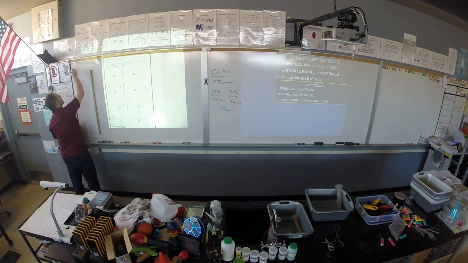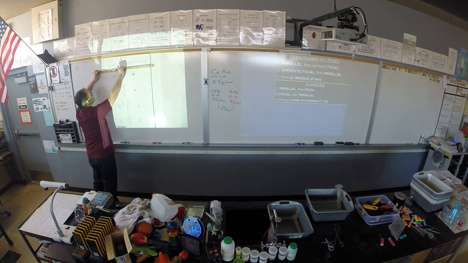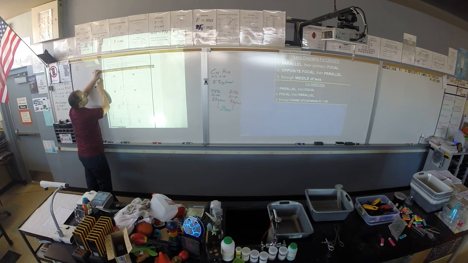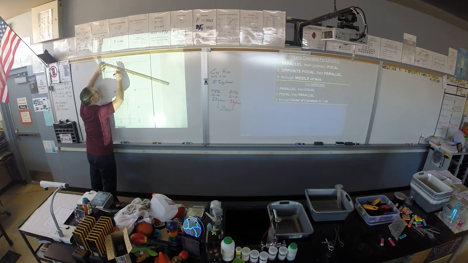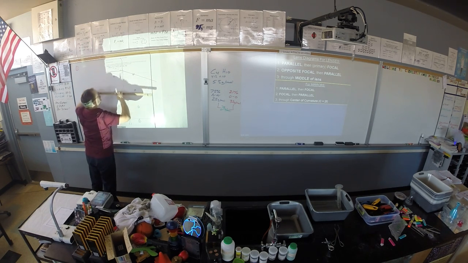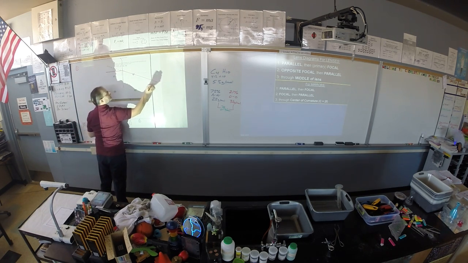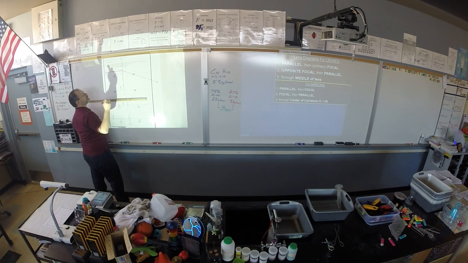Red will be my first ray. So your first ray is still parallel, focal. Line up your rays, go parallel to the principal axis. When you strike your normal, then go to the focal point. Real, virtual. There's ray number 1.